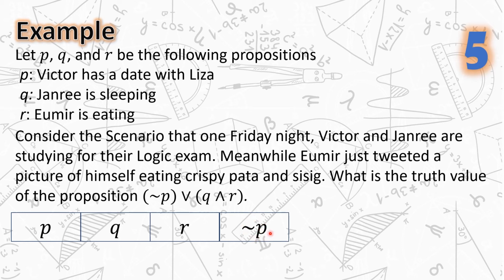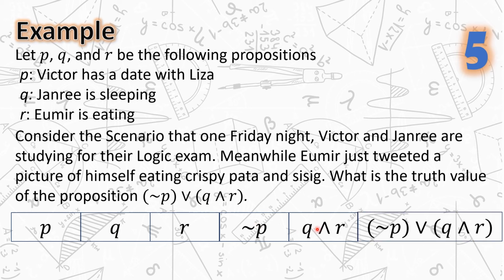We will need not P, and then the conjunction Q and R, and then the proposition not P or Q and R. So as we discussed, P is false, Q is false, R is true.